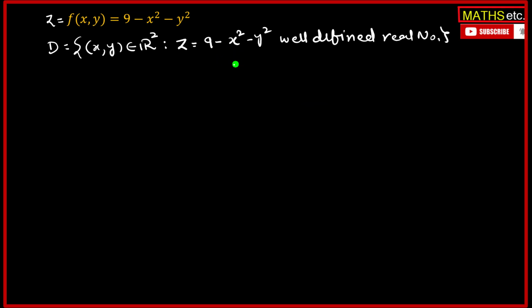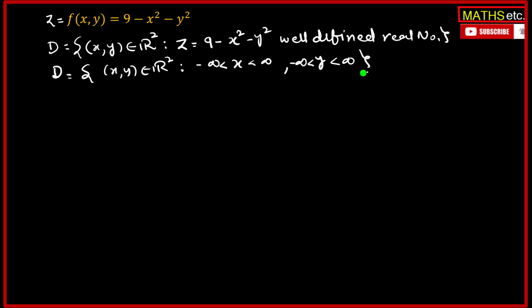So coming back to our problem, whatever values we give to the x variable, whether positive, negative or 0, and the same is true for the y variable, this z will always be well defined and a real number. So in this case, the domain will be the collection of all (x, y) in the set of real numbers such that x can take any real number in the interval minus infinity to infinity, and y can take any value in the interval minus infinity to infinity.